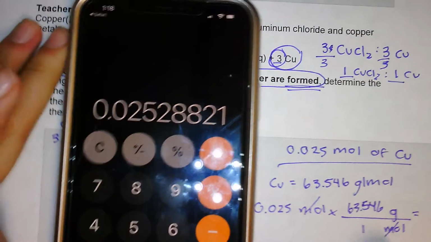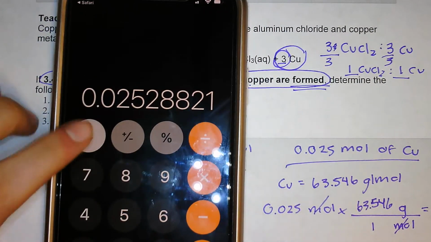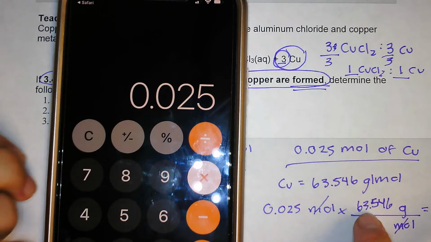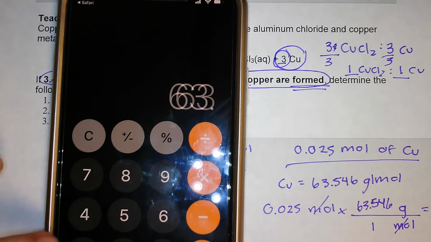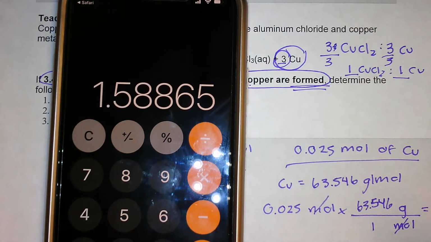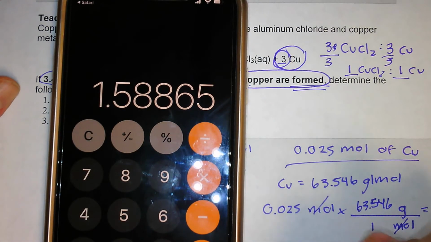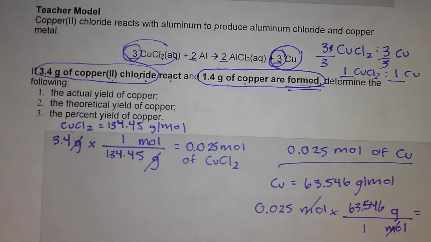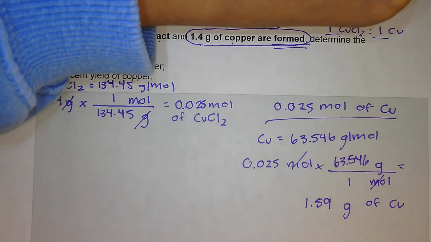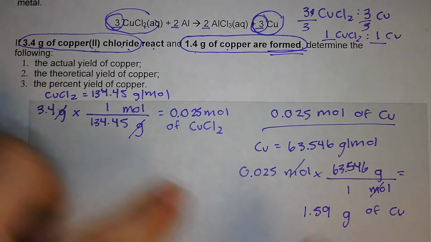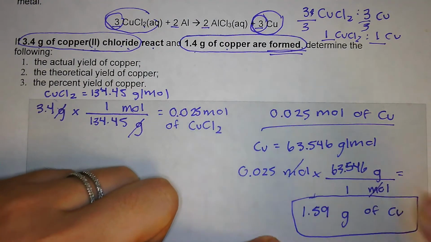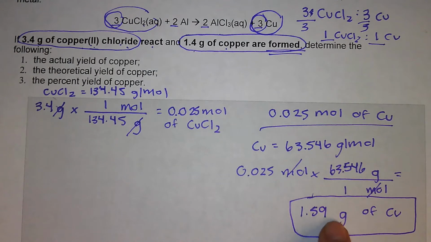And when I look at that, that is 0.025 times 63.546. That is about 1.59 grams of copper. So in a perfect world, if everything worked out, I would have this much copper produced in my reaction. This is my theoretical yield.